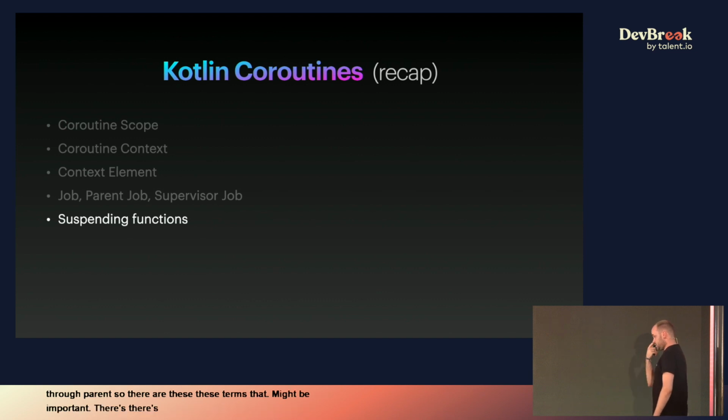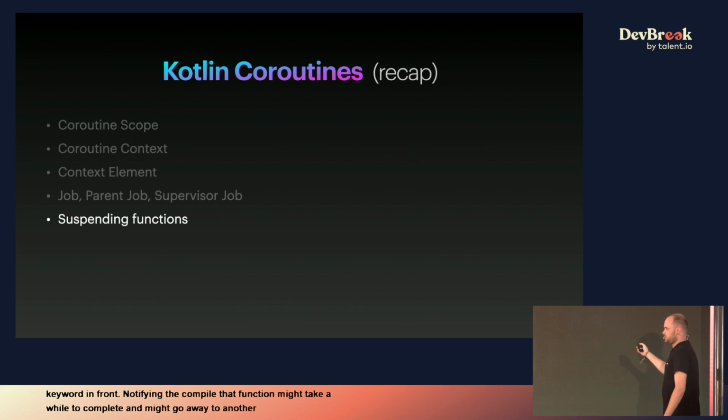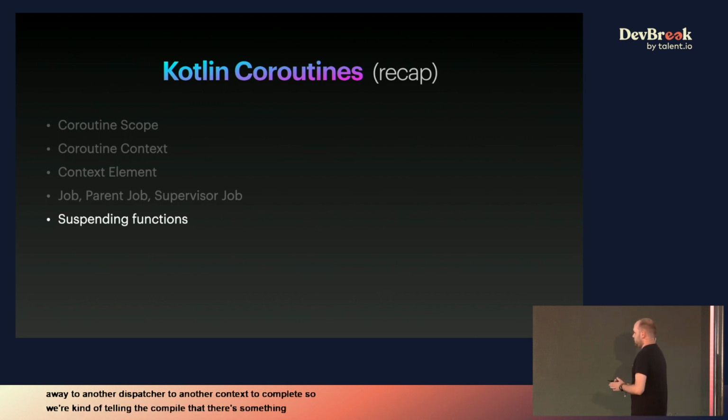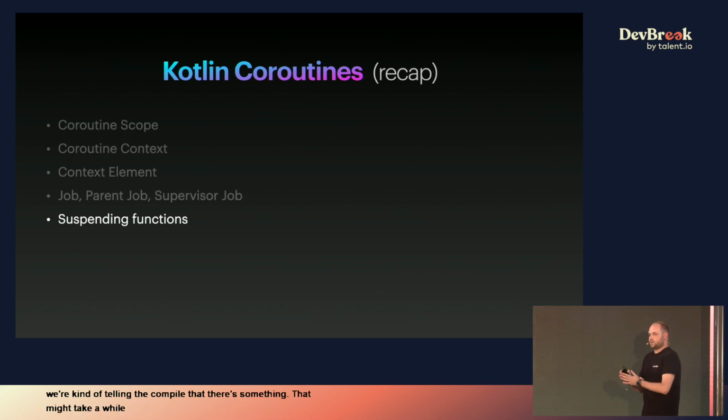There's a concept of a suspending function, and basically it's just a function where we put a suspend keyword in front, notifying the compiler that this function might take a while to complete and might go away to another coroutine or might go away to another dispatcher, to another context to complete. So we're kind of telling the compiler that there is something that might take a while or take a break inside of the function.